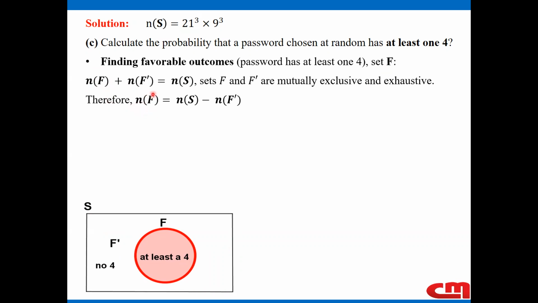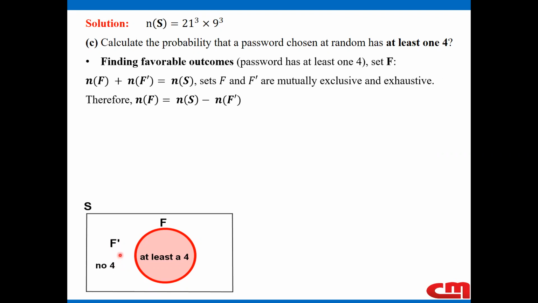That is, number of elements in set F is equal to number of elements in the sample space minus number of elements in F complement, right? Then if this is what gives us the number of elements in our favorable set, all it means is I need to find what this is, because this one I already have, it's here. But what is the number of elements in the complement of F? That is, we want the number of ways we can come up with passwords with no 4.